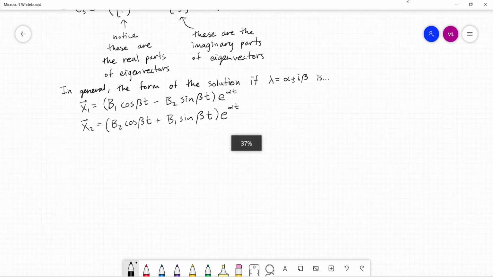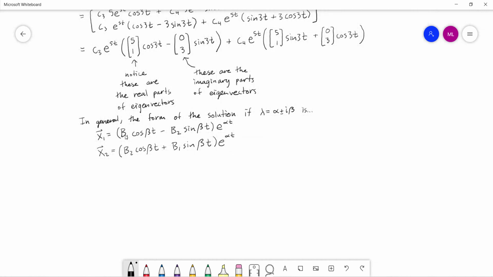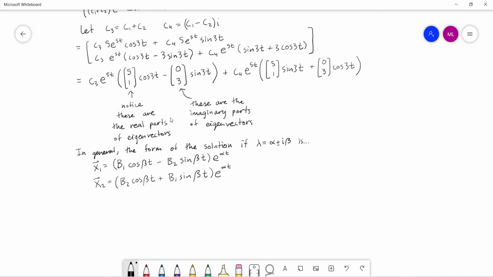So notice that basically the coefficients got switched around on the cosine terms. One was b1, one was b2, and then relative to the sine terms, it's the opposite. So that's kind of what happened here, right? Here 5,1 was with the cosine term, over here 5,1 was with the sine term. Alternatively, 0,3 was with the sine term, and now 0,3 is with the cosine. But in this case, the signs have flipped.